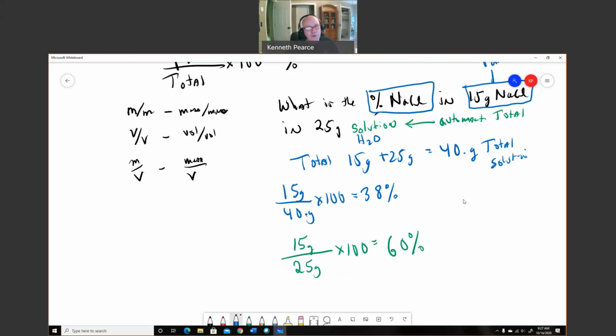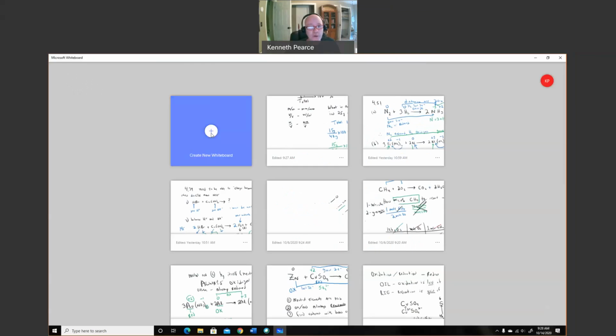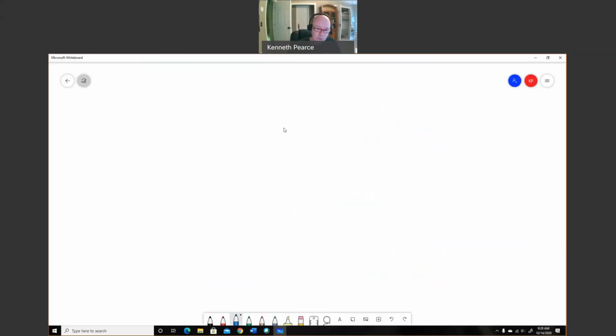Well, the part's easy. You find the percent wherever it's tagged up there, and you have to figure out what is the total. Is the total the solution? Yes. If you see solution, it's already the total. You don't add them up, because if you have solution and you add them up, you're going to double count what you have.